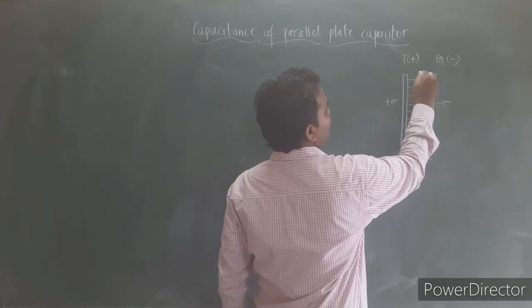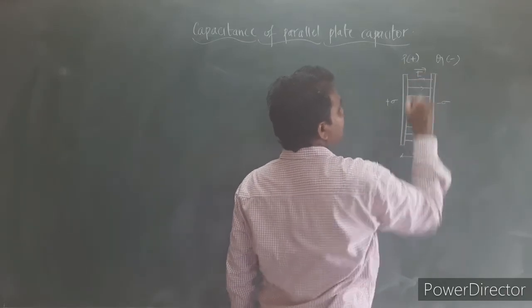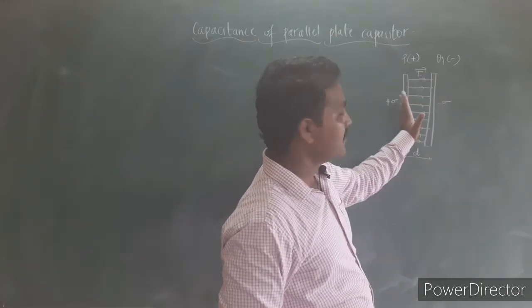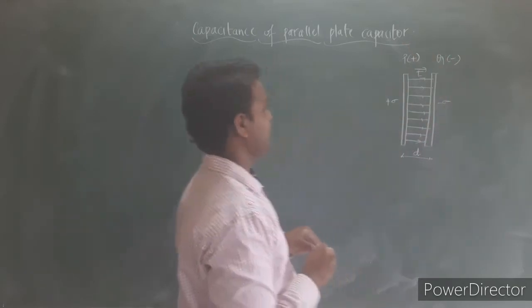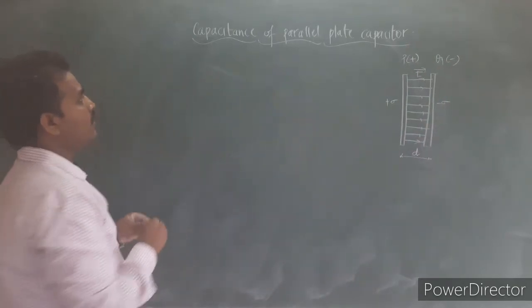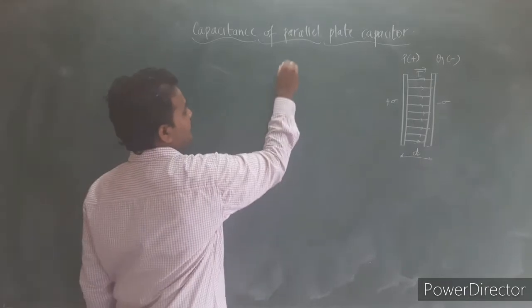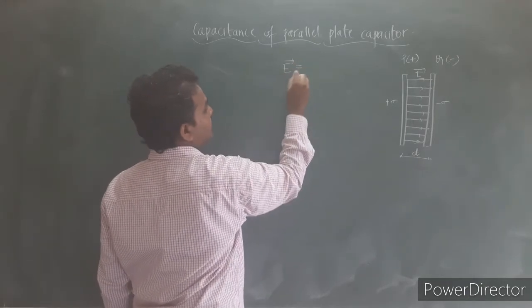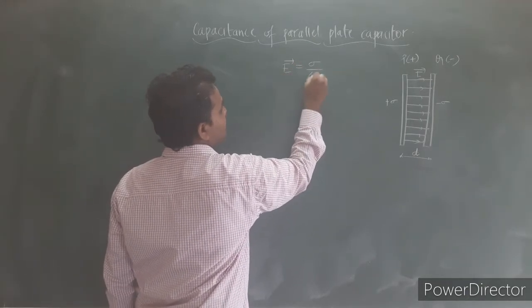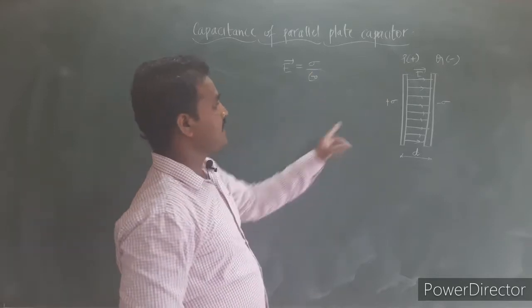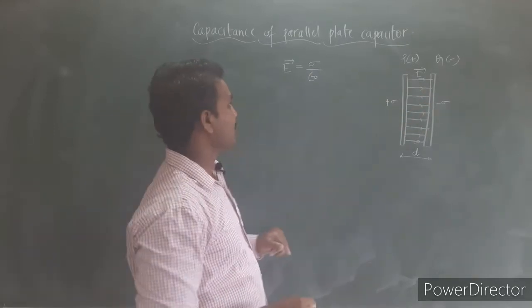Because of these two opposite charges, let there be an electric field induced between the parallel plates. We know this electric field intensity is given by sigma divided by epsilon naught, where sigma is the charge density on both the plates.